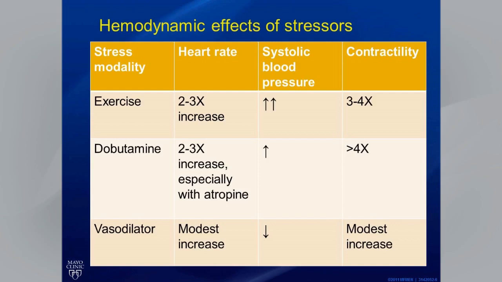Systolic blood pressure increases, but considerably less than with exercise, and we again have a marked increase in myocardial contractility. With vasodilator stress, the increase in heart rate is much more modest. Blood pressure typically decreases a bit, and contractility increases only modestly.